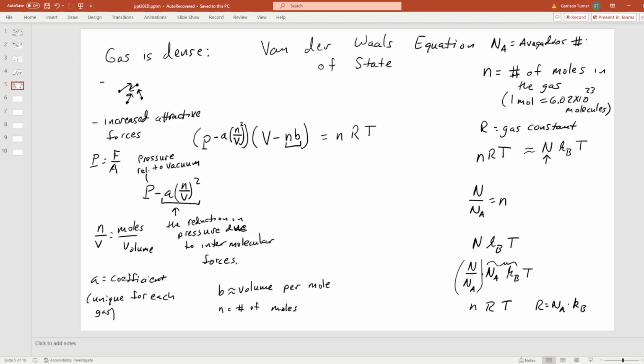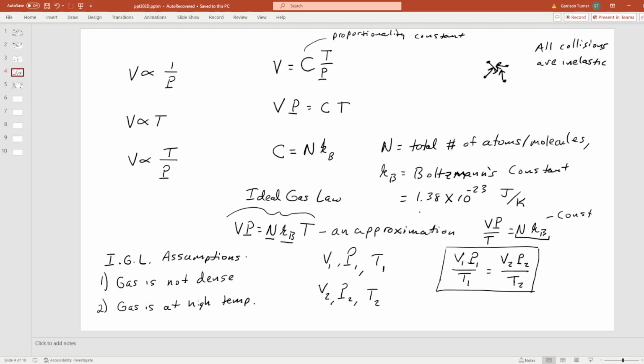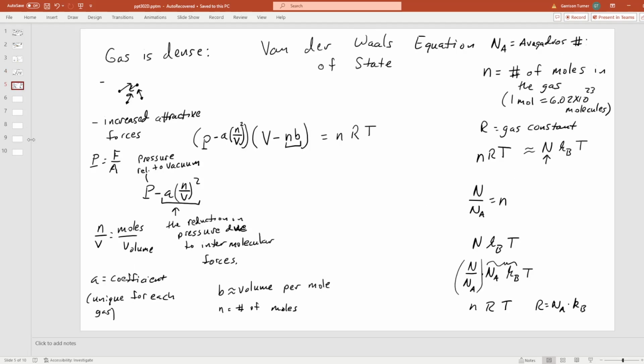So, because as your gas is not as rarefied, it's more dense, each molecule is going to be packed closer with other molecules, and therefore the total volume of the molecules themselves is no longer negligible. In the ideal gas case, we really don't care about the volume of an individual atom compared to the total amount of space that it has to move around in. Even if it's going to collide with other atoms, we really don't care about the volume of the atoms themselves. But here, when your gas is more dense, you have to take that into account.